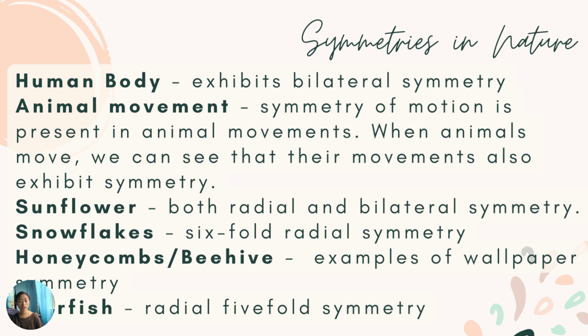We can see that their movements also exhibit symmetry. A sunflower, both radial and bilateral symmetry. Snowflakes, sixfold radial symmetry. Honeycombs or beehive, examples of wallpaper symmetry. And starfish, radial fivefold symmetry.